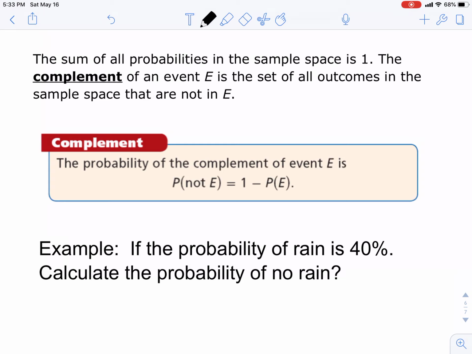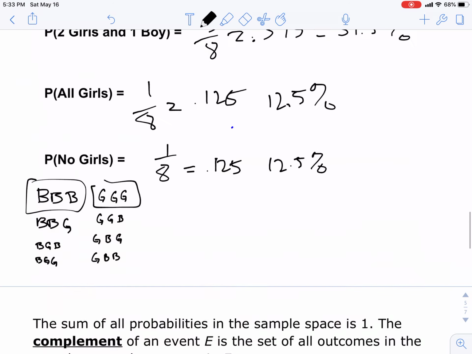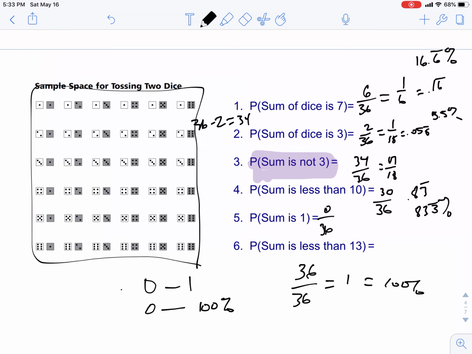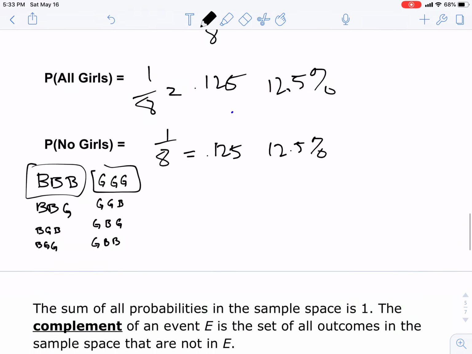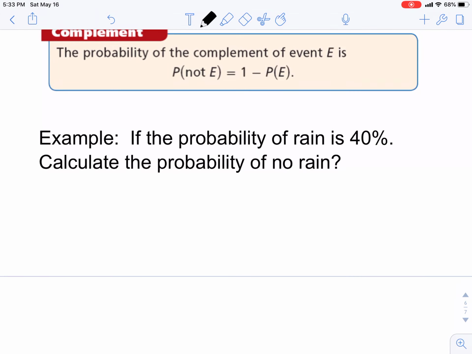Okay, so this next thing is the complement, where you take 1 and subtract out the probability of the event. We did that concept up here when we talked about the sum of 3 versus the sum not 3. We didn't do the probability. We didn't take 5.5% and subtract that from 100%. What we did is we went to our total sample space and subtracted out there. But it's that same principle of, hey, what's the probability right now?